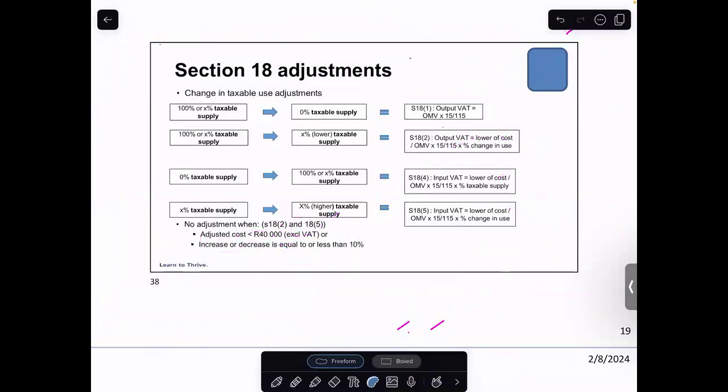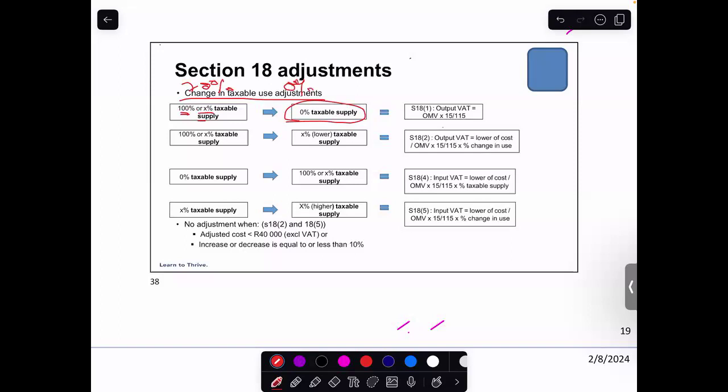Right. This talks to change in use, change in taxable use. They are saying change in taxable use, 100% or a percentage taxable supply to 0% taxable supplies. We moved from 70% taxable supplies there to 0% taxable supplies.